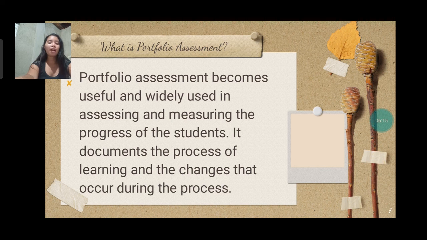Portfolio assessment asks students or teachers to collect work products that show growth over a specific period of time, as I said earlier. As an alternate assessment strategy, the portfolio provides students with the opportunity to select a progression of work to demonstrate knowledge of a topic.